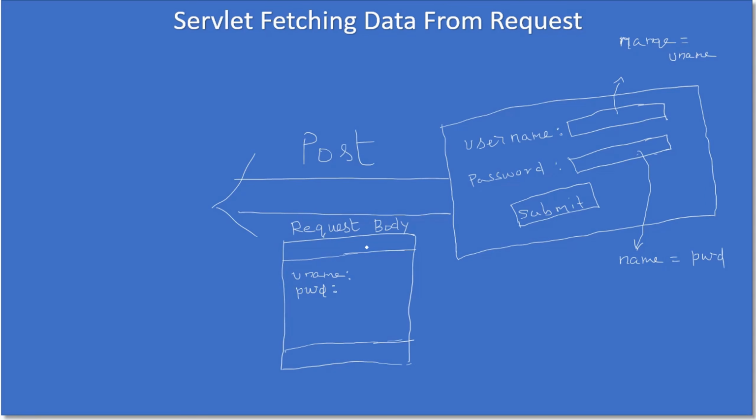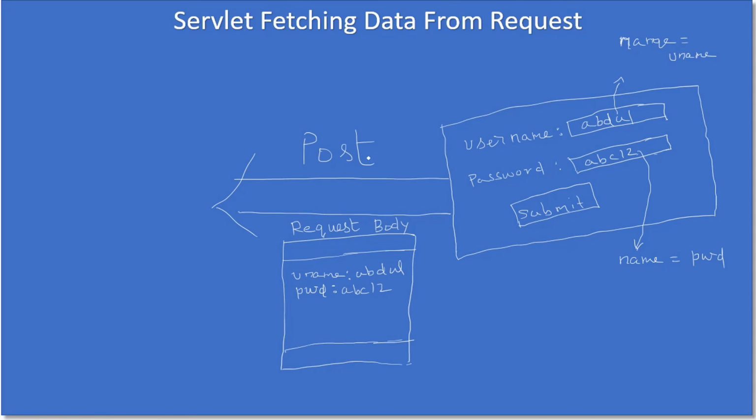So the request body will contain the data entered here. Say, for example, let us say the username is... So here we will see the username. Since the method here is post, the data goes as part of the request body.